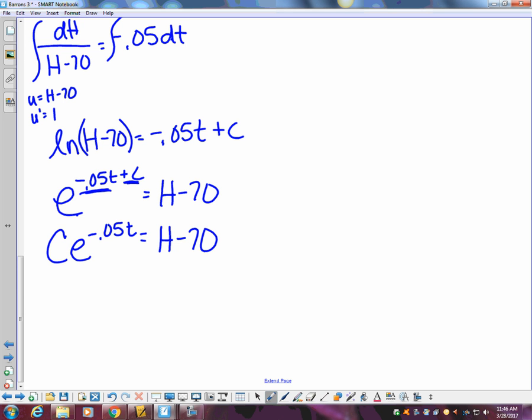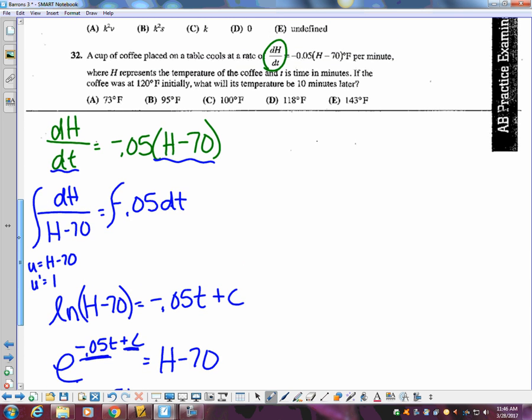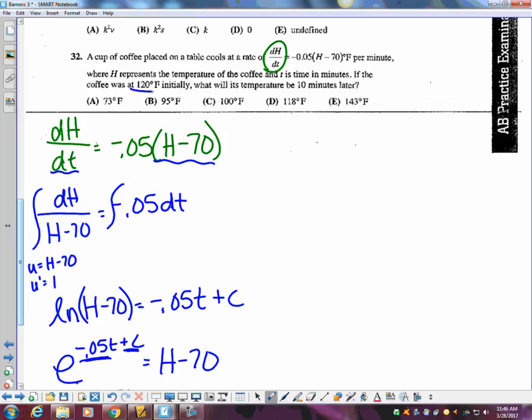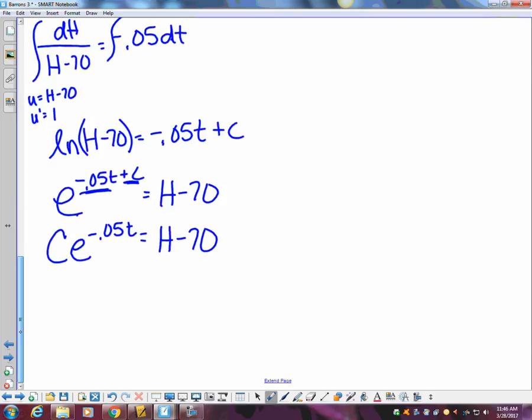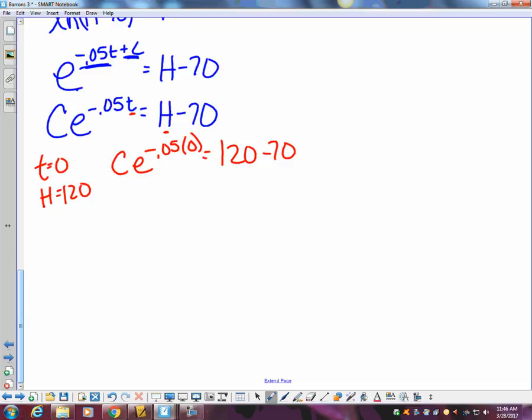Okay, so I'm here. Now it says initially 120 degrees. So here's what that means: when t is 0, H is 120 degrees. So I'm going to plug those in, and this is going to allow me to find c. So c times e to the negative 0.05 times 0 equals 120 minus 70.